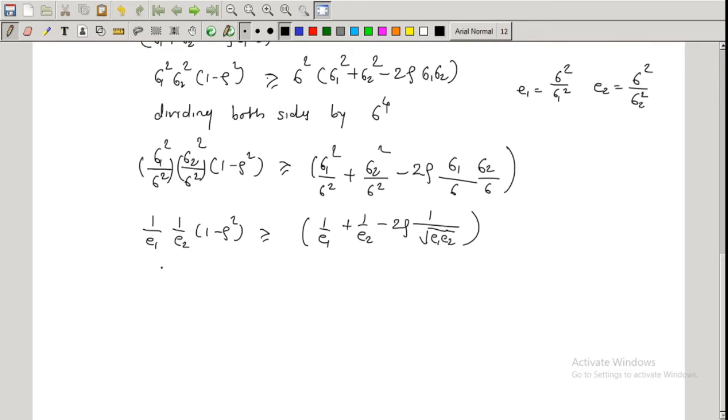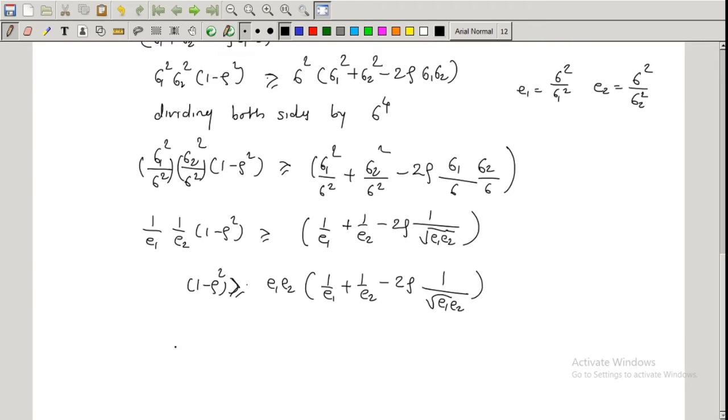If I multiply by E1 E2, I get 1 minus rho square is greater than or equal to E1 E2 in bracket 1 by E1 plus 1 by E2 minus 2 times rho 1 upon square root of E1 E2.